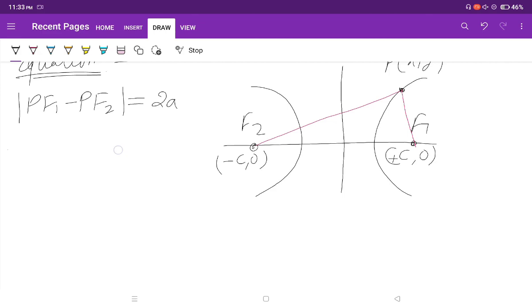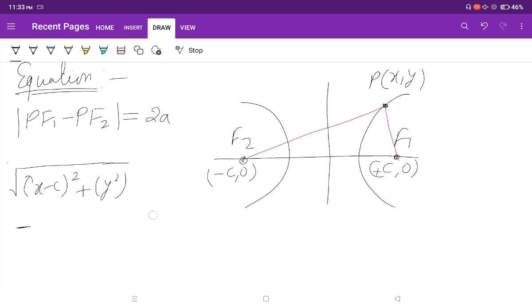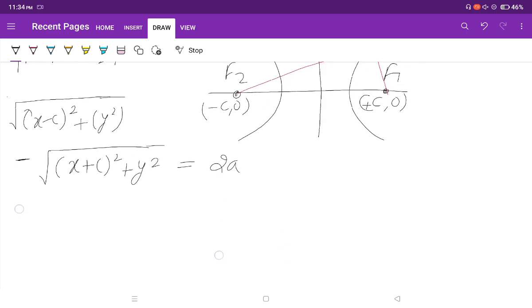So we have PF1 as root over (x - c) square plus y square, minus root over (x + c) square plus y square, equals 2a, correct?